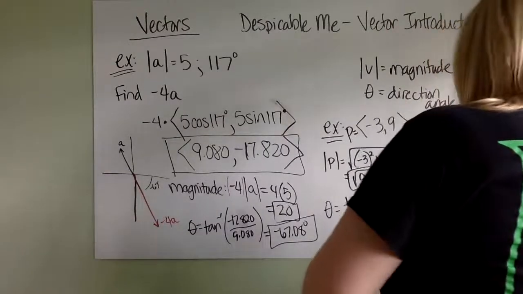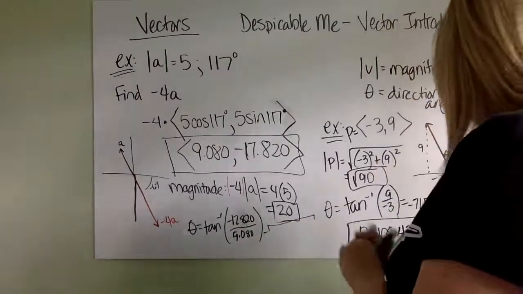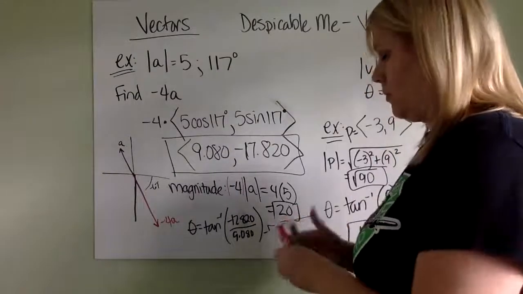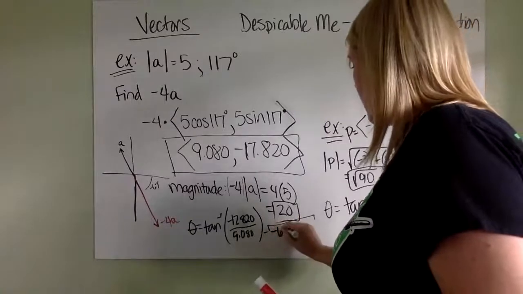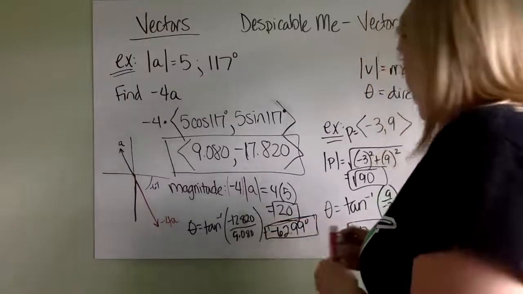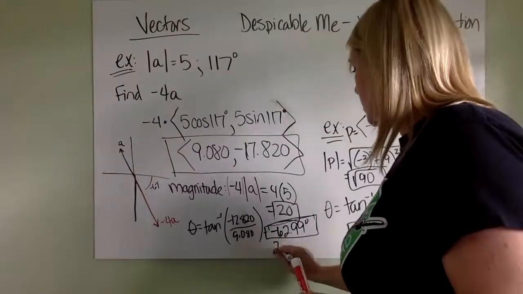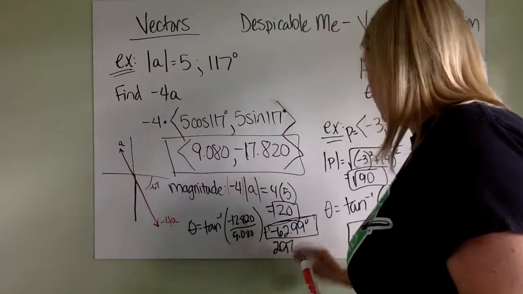Sorry, that's not the right one. It's 62.99. And if you add 360 to it, you'd get 297.